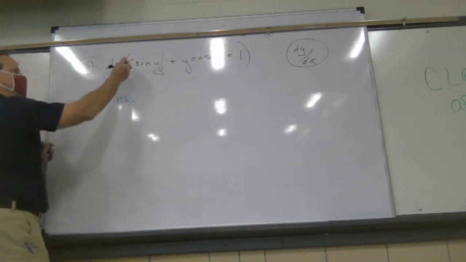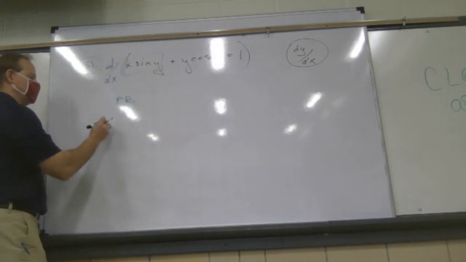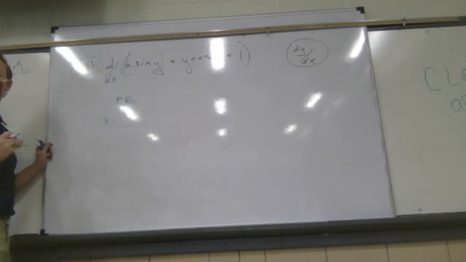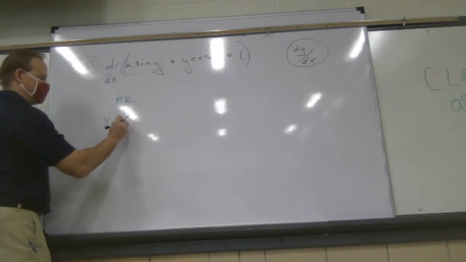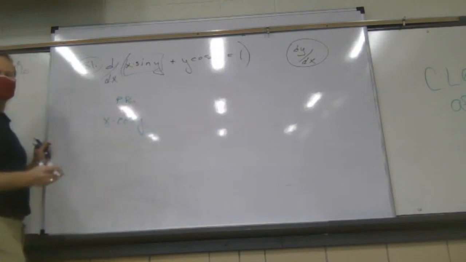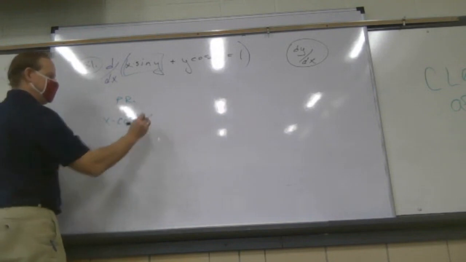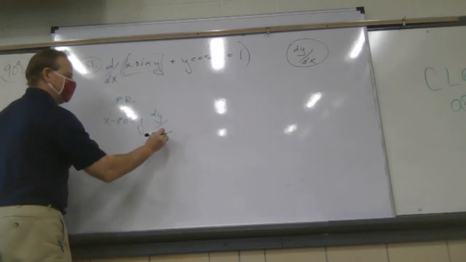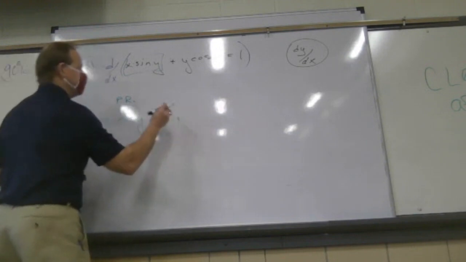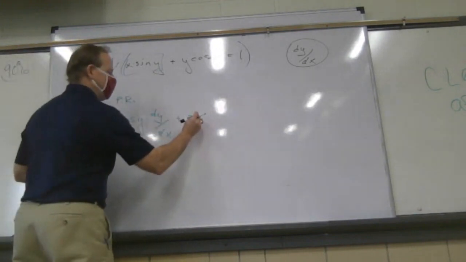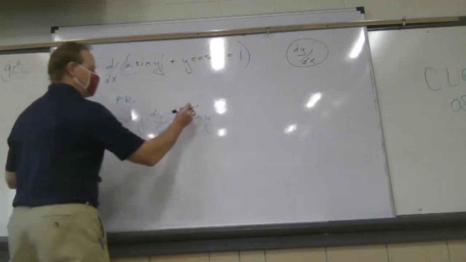So it's going to be the first one, x, times the derivative of the second one. What's the derivative of sine y? Cosine y, but since it was a y, not an x, what do I attach? dy dx, by implicit differentiation, and actually by the chain rule. Plus the second one, sine y, times the derivative of the first one.